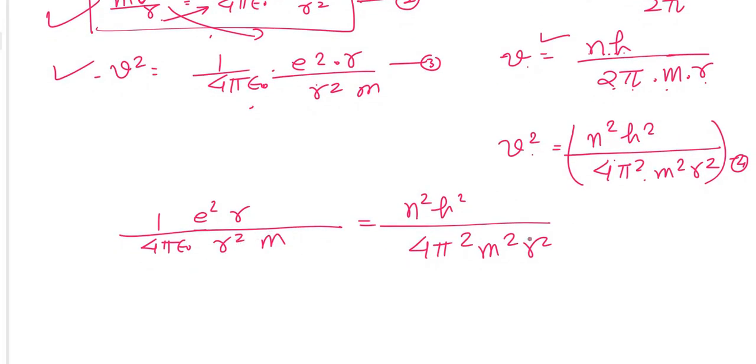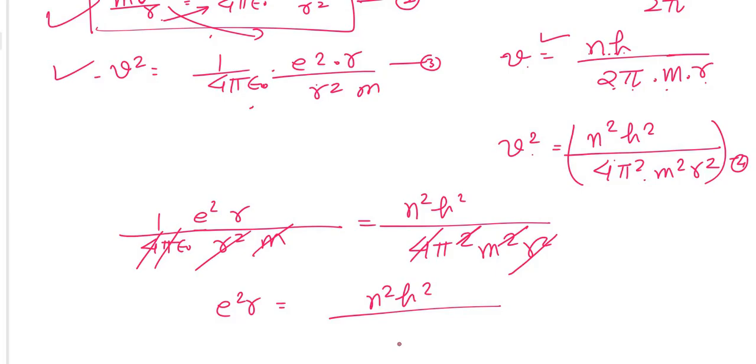Now things will cancel. Both sides r square is cancelled, the power of m will cancel, 4 is also cancelling, and pi is also cancelling, leaving 1 power of pi. Carefully seeing, what we are getting is e square r is n square h square by pi m.